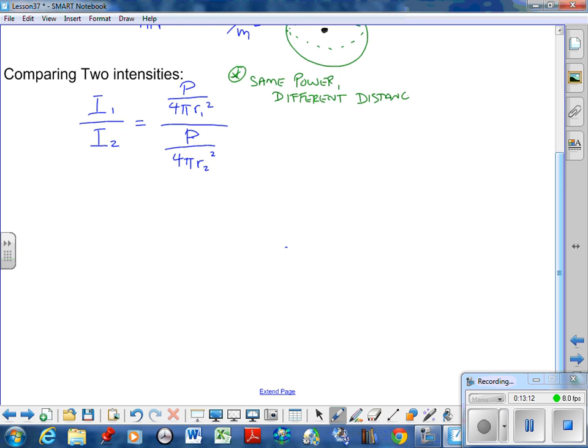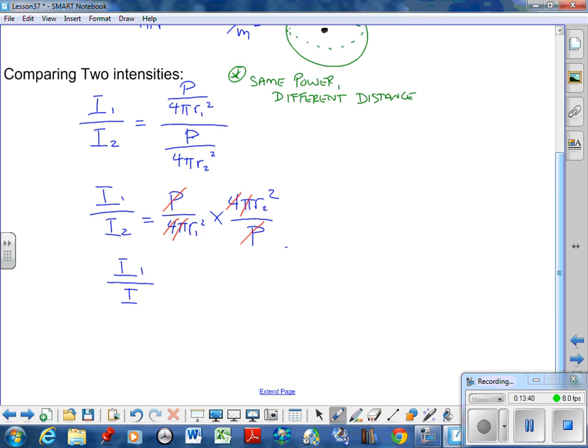So we've moved away from the sound source. Okay. So what happens is we keep it as I1 over I2 on the one side of the formula. We have a fraction over a fraction, so we know how to deal with that. We flip and multiply by the reciprocal. And then from math, we know that inverse operations, powers would cancel, 4s would cancel, pi's would cancel. So all of that information is actually irrelevant.